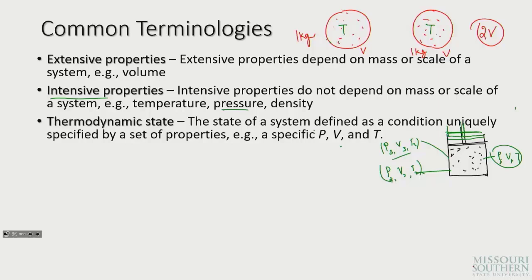Just like in introductory physics, if you throw an object in air, at each and every point along this path, it will have a specific set of position, velocity, or acceleration, x1 v1 a1.